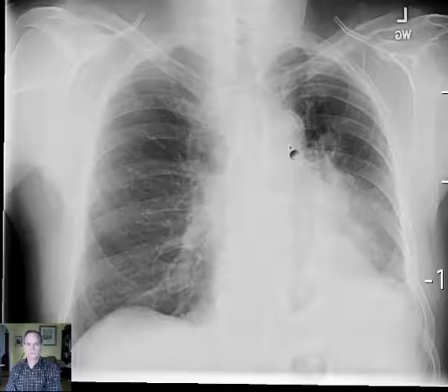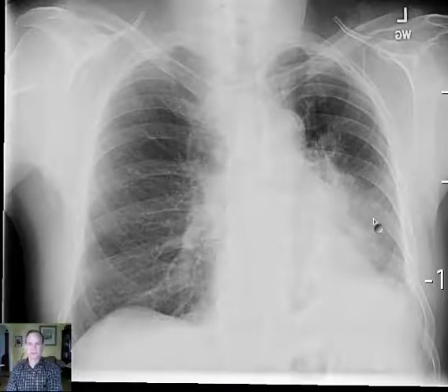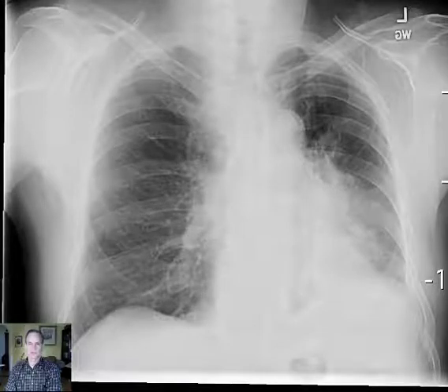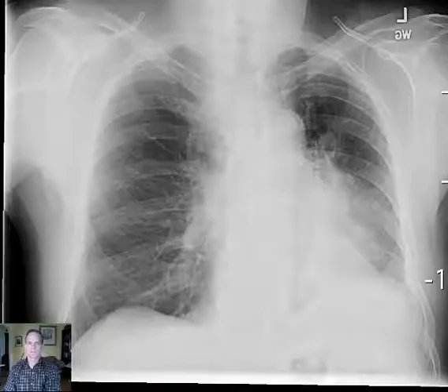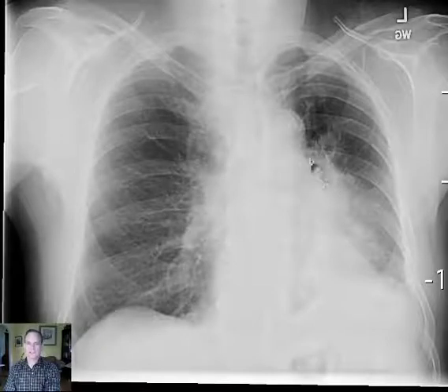Well, first of all, you have an area of opacity here in the left hilar region, which we really didn't see before. And you remember, that looked nice and clean there. We saw a very well delineated left pulmonary artery. You don't see that delineation here any longer.